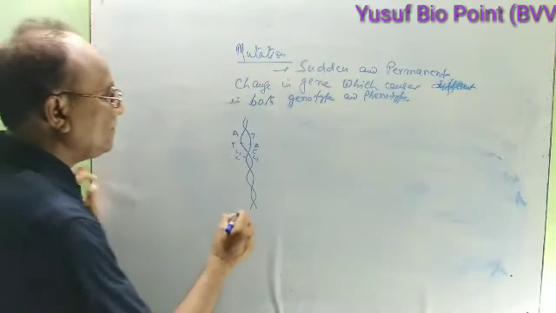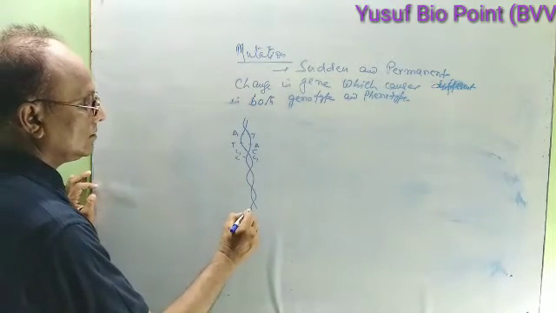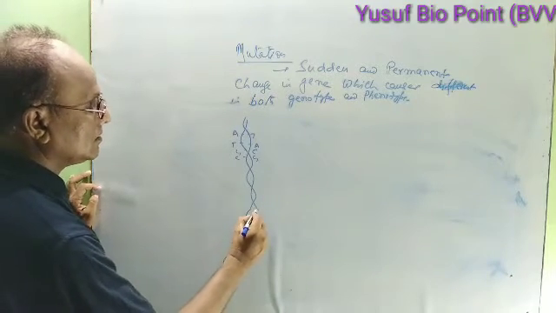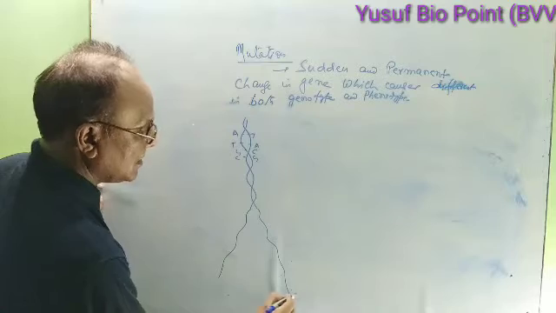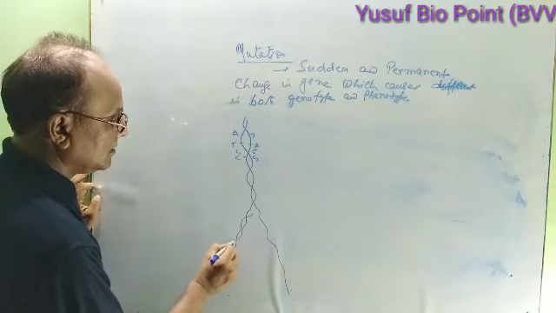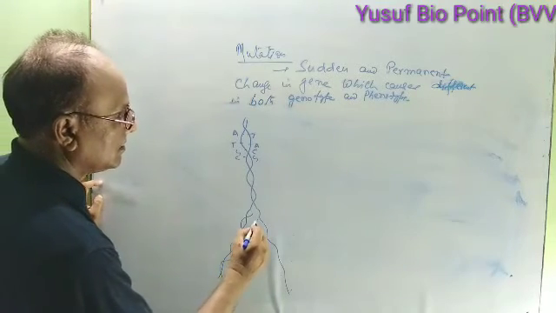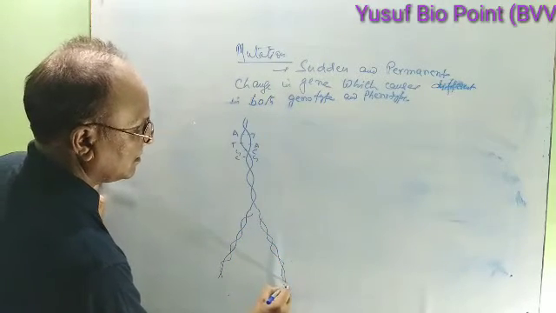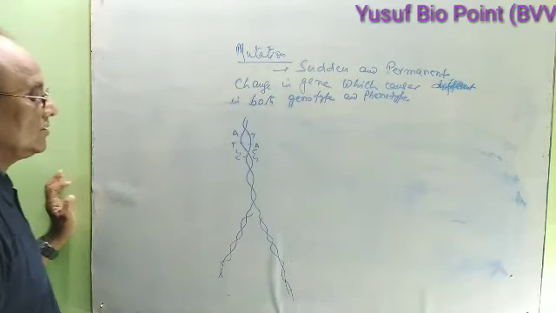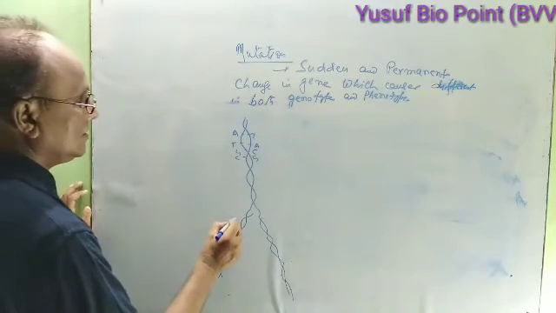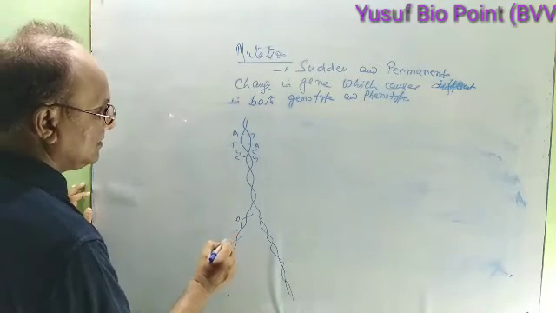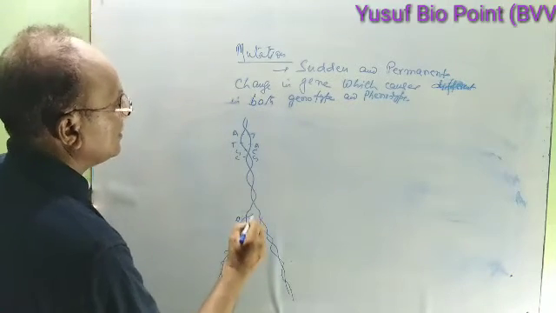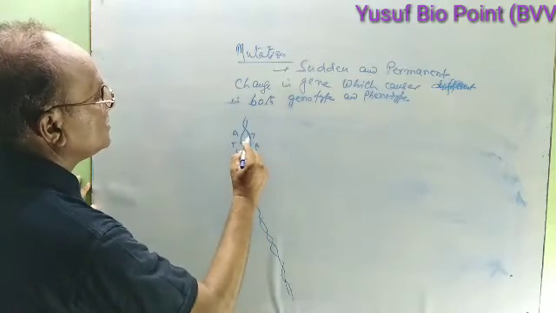Now, the recombinations, they are separate. These are both H, A, T, G, C, H. This is the structure.